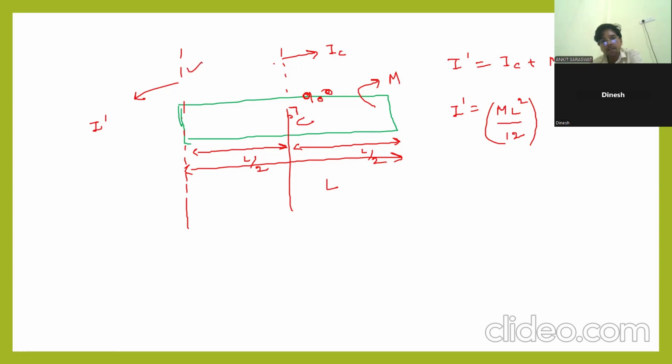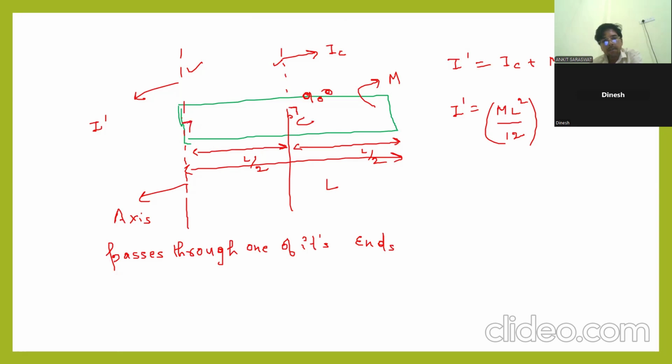This is parallel to this. I want to know this. This axis is passing through one of its ends, and it is perpendicular also.